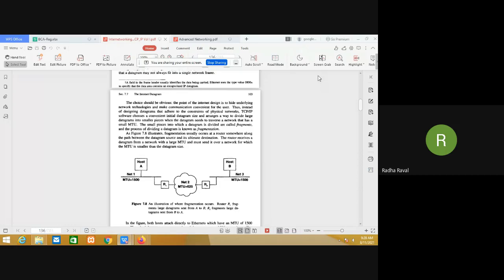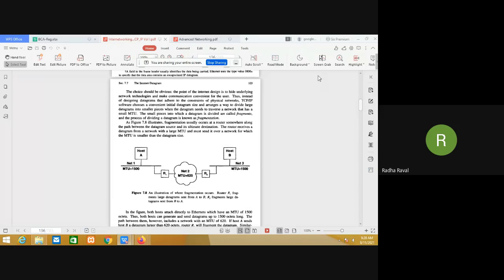So here the illustration shows where the fragmentation occurs. Here you can see two routers, R1 and R2. Fragment a large datagram sent from A to B. On both sides the MTU size is given as 1500, which means this is an Ethernet network. So it's not possible to send the whole datagram across the smaller network, so it will divide the data into fragmented parts.